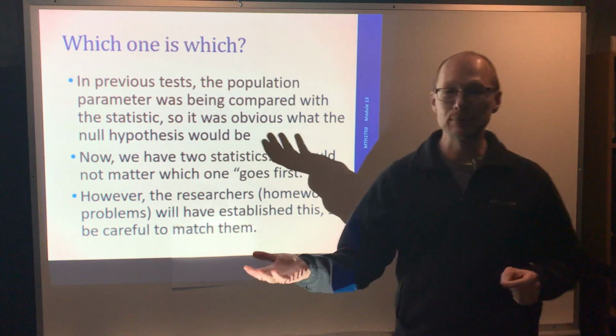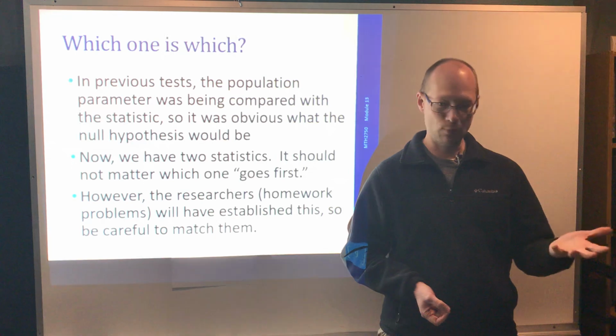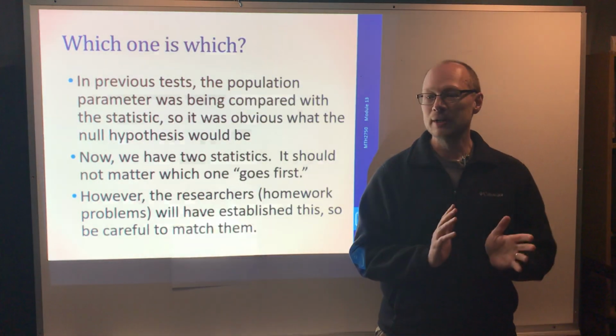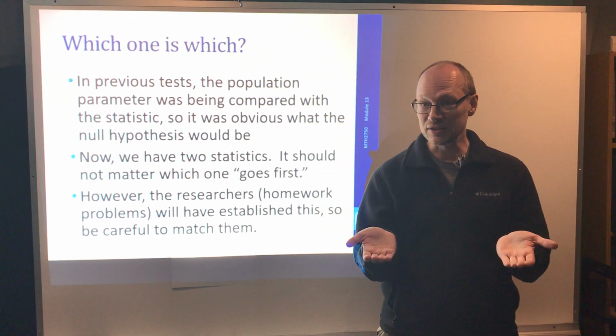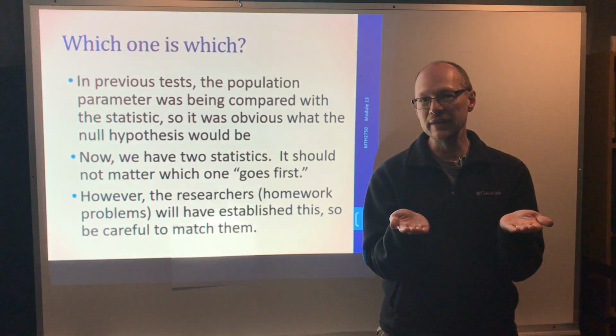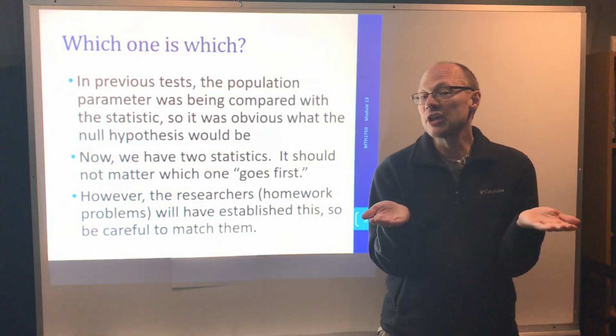In the previous test, the population parameter was always first, and the null hypothesis was always the proportion equals the population. Here it's a little different because neither one of these statistics is a parameter. Neither one is more important than the other, so which one goes first doesn't matter.